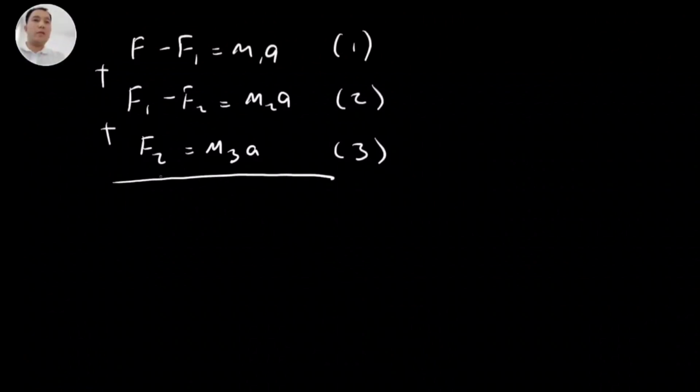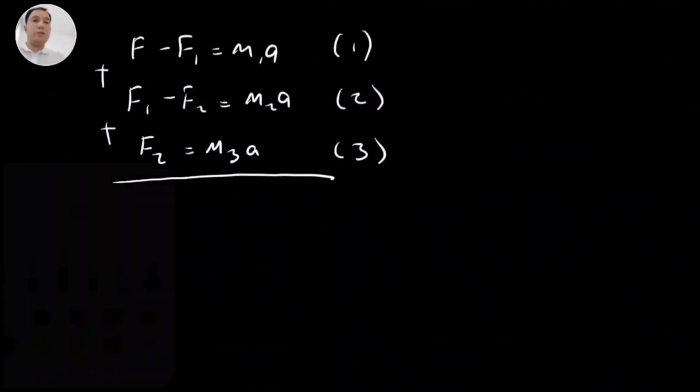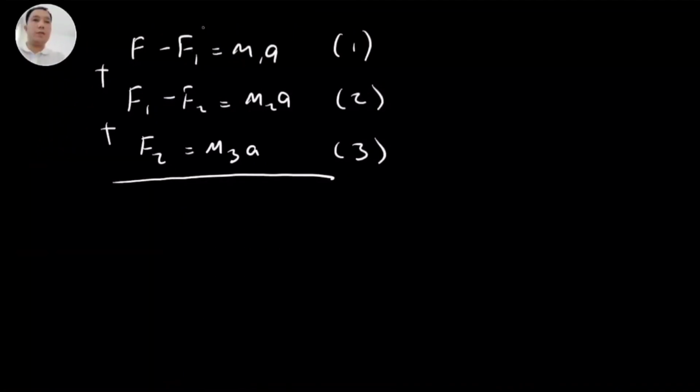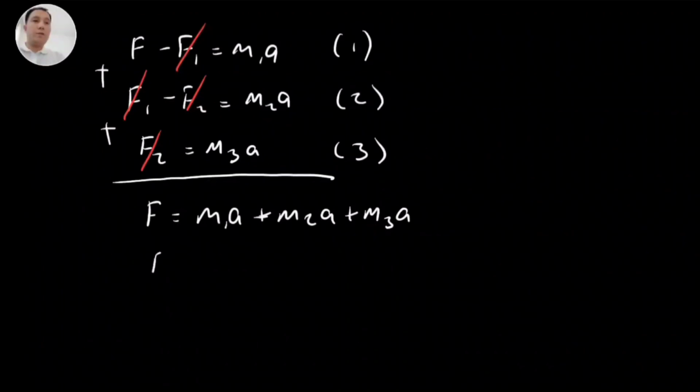As you see, F1 will be cancelled, F2 will be cancelled. If we add the three equations, on the left side we have only F, and on the right side we have M1A plus M2A plus M3A. So from here we can find the acceleration.